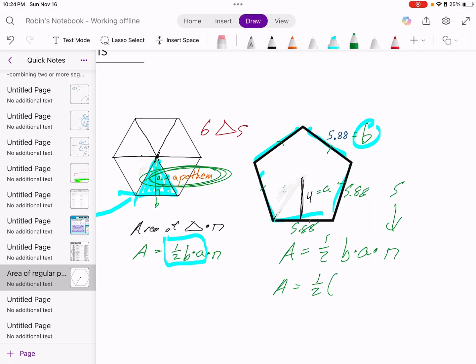I'm going to have 1/2 times my 5.88. Actually, that was supposed to be the 4 first. Let me line it up so that it lines up with the formula in case people are confused on where they came from.